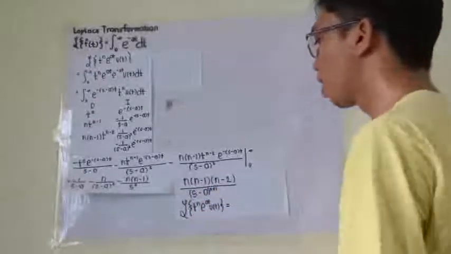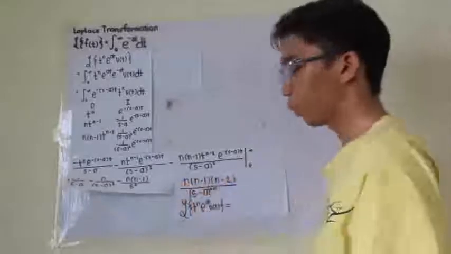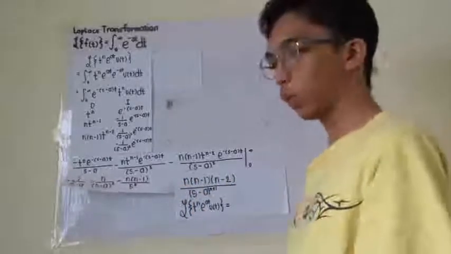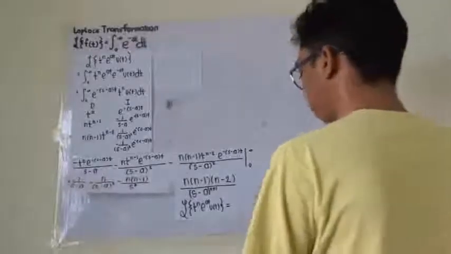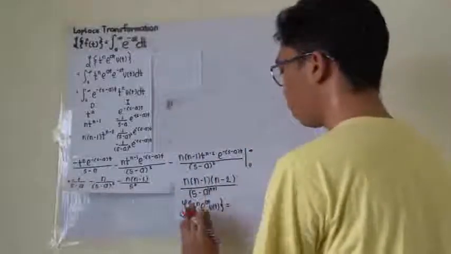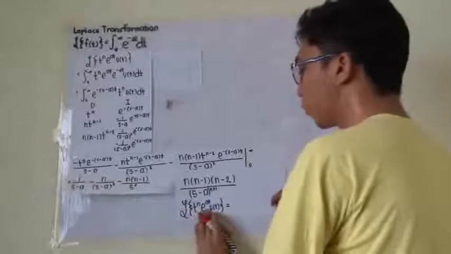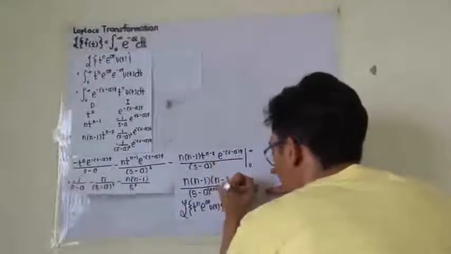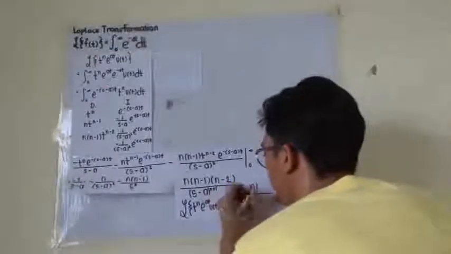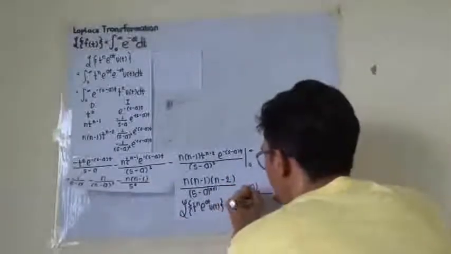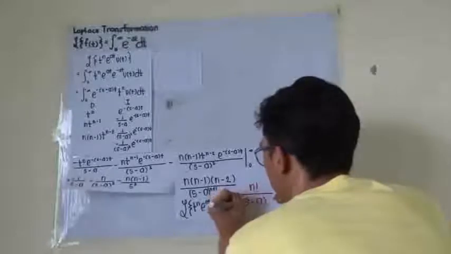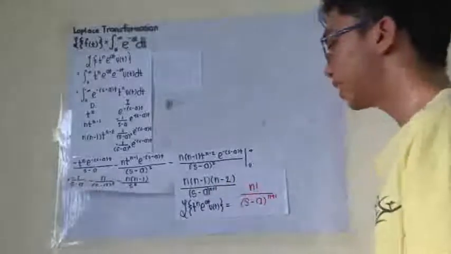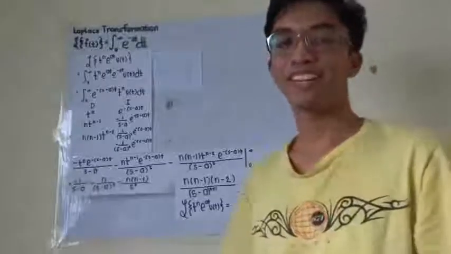So simplifying our numerator by the concept of combination of factorial, we'll have the Laplace transform of t raised to n e raised to at u of t equal to n factorial over s minus a raised to n plus 1. So this is the Laplace transformation of our given function.